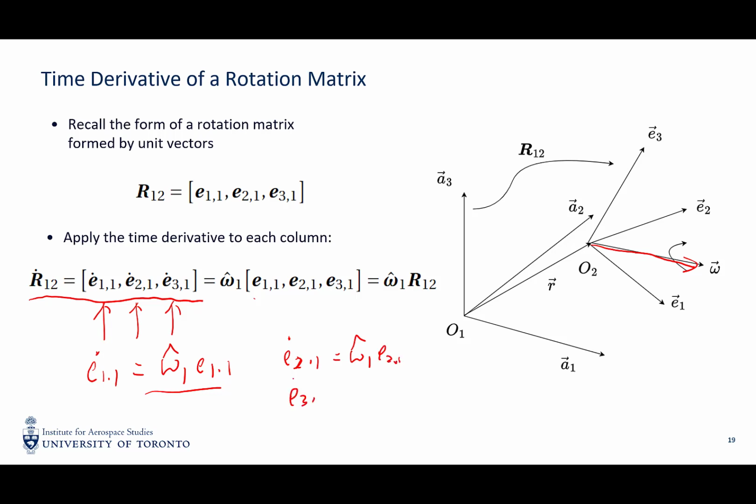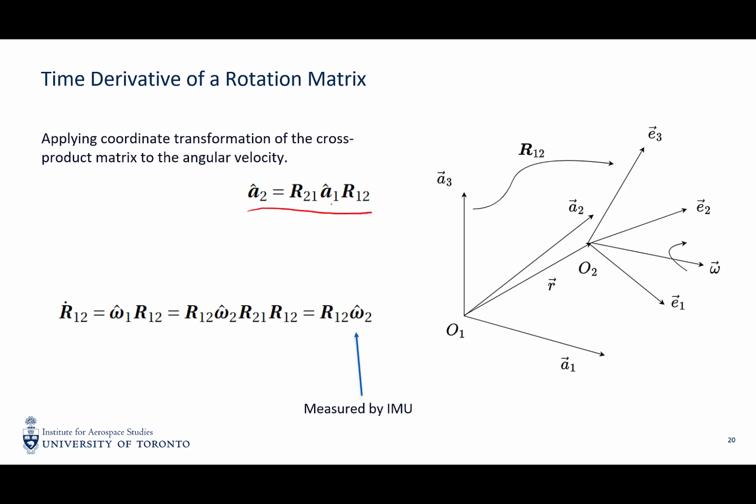And E31 dot equals omega 1 hat times E31. So by pulling out omega 1 hat from within the matrix, we can get the following result. So it basically shows that the time derivative of a rotation matrix is equal to its angular velocity expressed in frame 1 times itself.